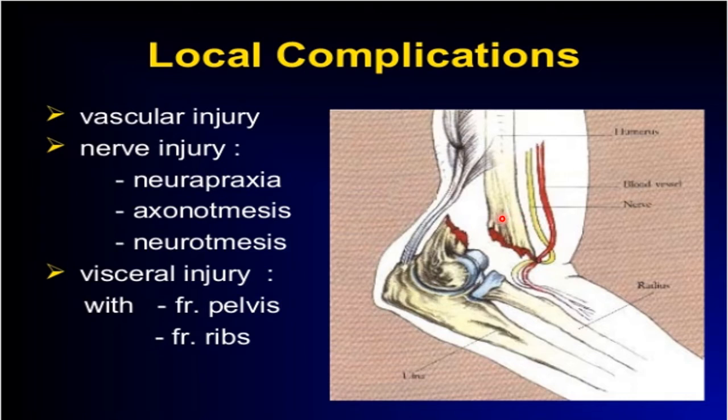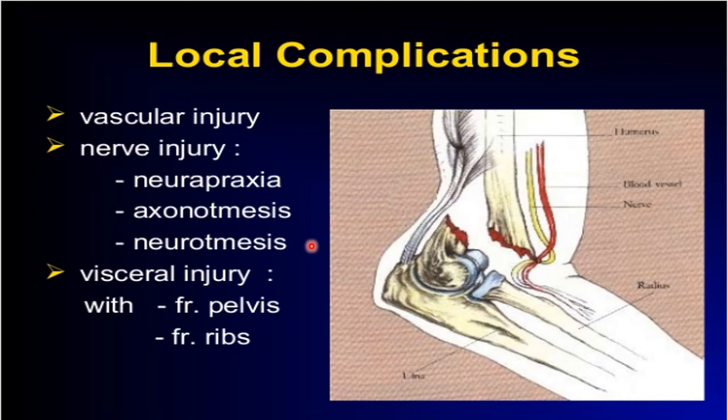When a bone is displaced, the nerves in the vicinity can be stretched, leading to neuropraxia, or the microscopic axons of the nerve can break. That would be axonotmesis, or there can be a break in the nerve itself, which would be neurotmesis.